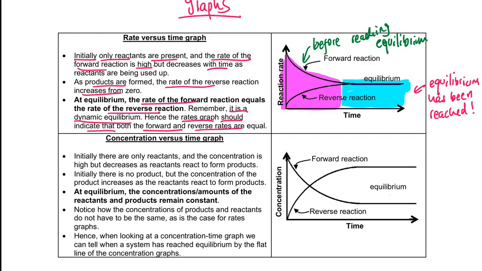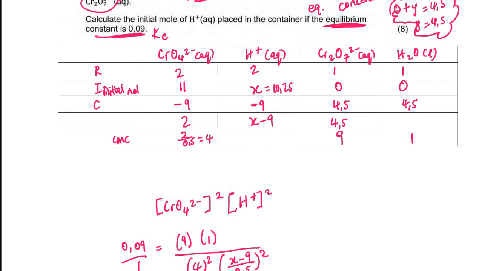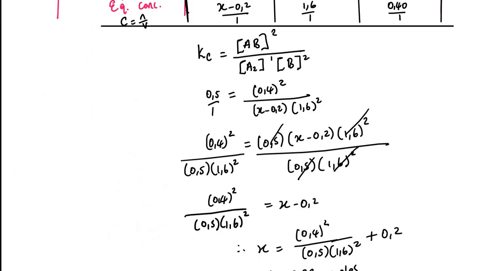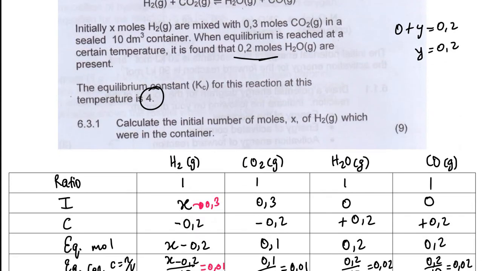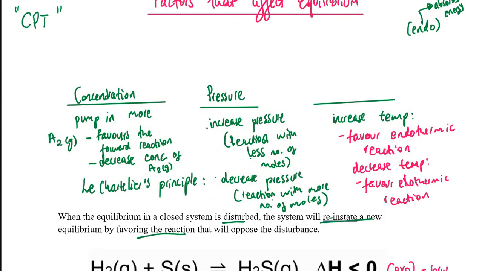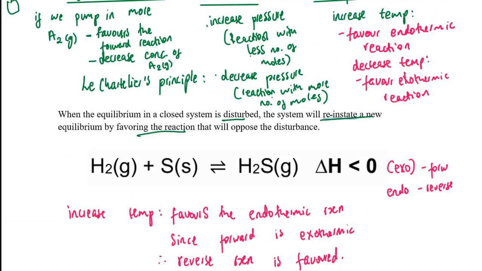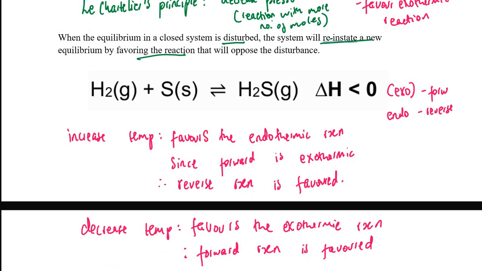Let me take you back to the definition of Le Chatelier. Here, we said Le Chatelier's principle says when the system is disturbed, the system will reinstate a new equilibrium. This was quite an important statement.